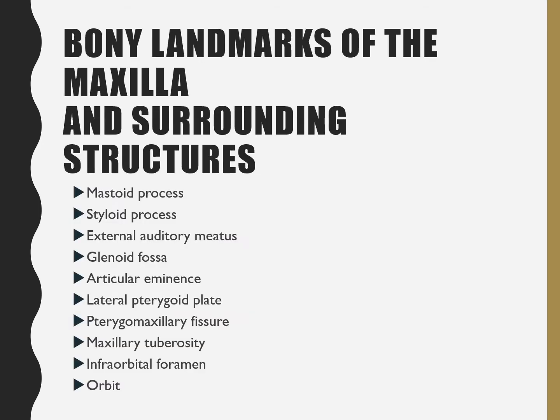Those structures are the mastoid process, the styloid process, the external auditory meatus, the glenoid fossa, articular eminence, lateral pterygoid plate, pterygomaxillary fissure, maxillary tuberosity, infraorbital foramen, and the orbit.